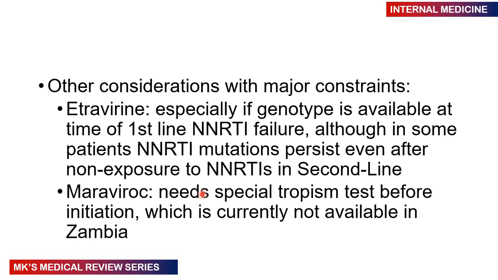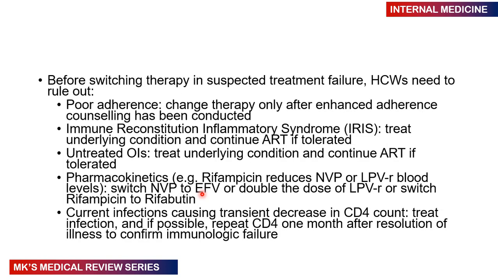Now, before you switch patients on therapy in suspected treatment failure, you should ensure that you rule out poor adherence. If there is poor adherence, you change the therapy only after enhancing the adherence counseling. If it's IRIS, we treat the underlying condition and continue ART. If there are untreated OIs, we treat the underlying condition and continue the ART if it's tolerated.